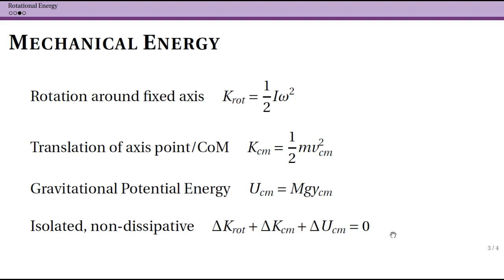So this is your conservation of energy equation, assuming your system is isolated and non-dissipative for the rotational case, because now we have two types of kinetic energy corresponding to rotational and translational motion, and then we think about a gravitational potential. So we might be able to simplify this down based on the problem.